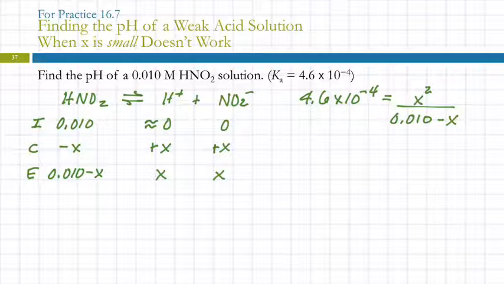So in this problem, I'm sort of writing down the minimum of what you should show for work. Do you have to write out Ka equals H plus times NO2 minus divided by HNO2? No, you don't really have to do that. Do you need to write this out? Yes, you do.